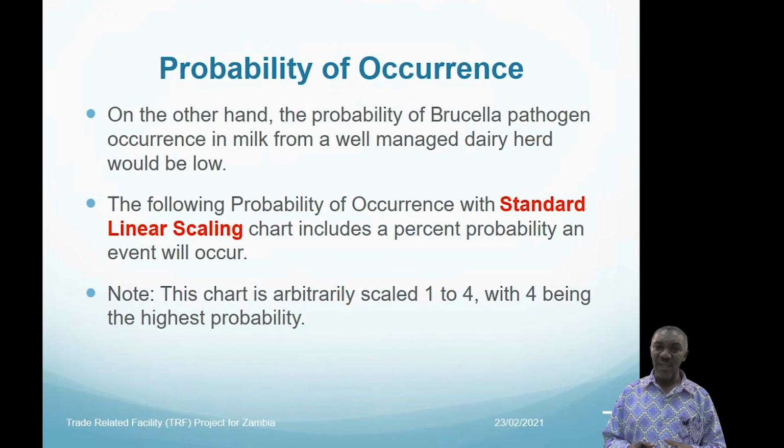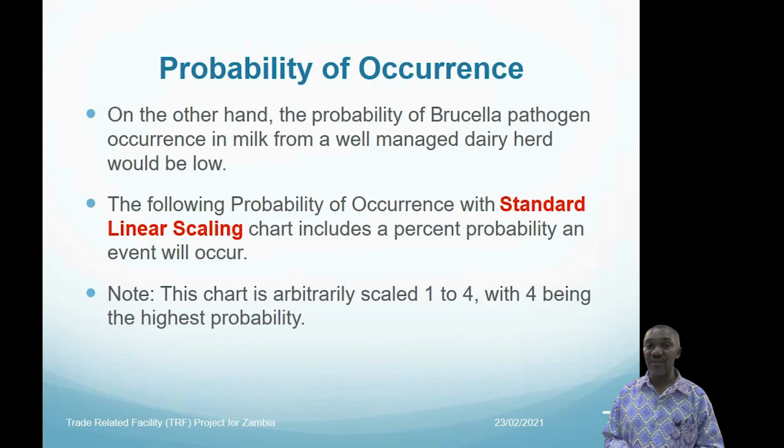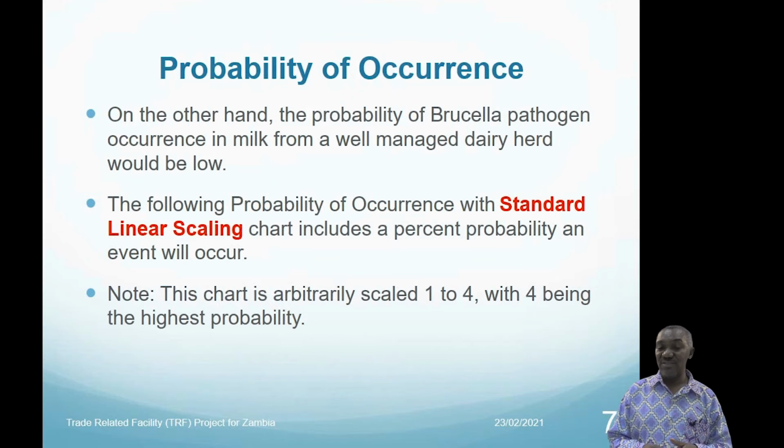But in a herd which is well managed, where there are proper control measures, they do the vaccination, and herd management is in place, you find that the likelihood that Brucella will be present in the milk is very low. In that case, we can classify it on this scale as 1. In other words, we are saying it's rare.